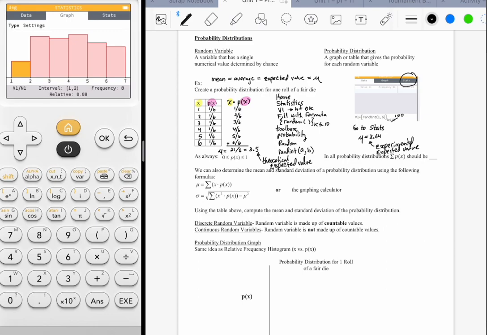All right, and so it's giving me kind of a fluctuating distribution. It looks like I have fewer ones than I have everything else. But again, this is experimental.